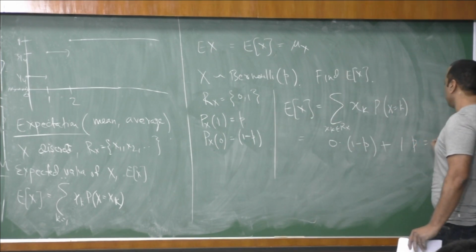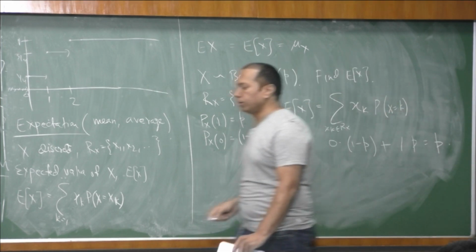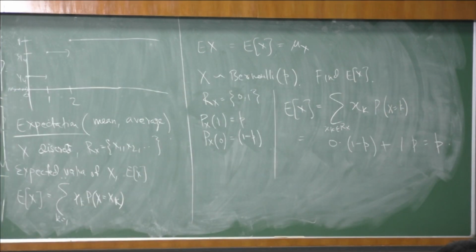So overall, the expectation of a Bernoulli random variable is p. Similarly, you can try expectation for geometric and binomial as an exercise.